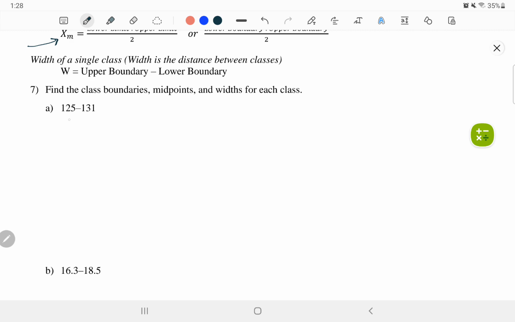(7A) This is my class from 125 to 131. This 125 is my lower class limit, and this 131 is my upper limit.